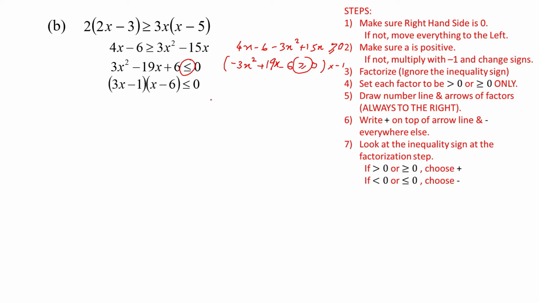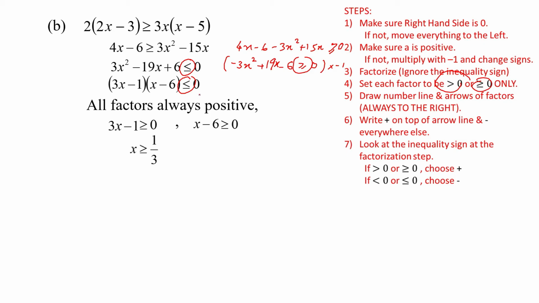Next step is to factorize. Remember to set each factor to be greater than 0 or greater than and equal to 0 only, even though our inequality sign now is less than 0. Just write greater than and equal to 0 and solve the inequalities. Next, draw your number line starting from the smaller number to the larger number, and then draw your arrows or factors.